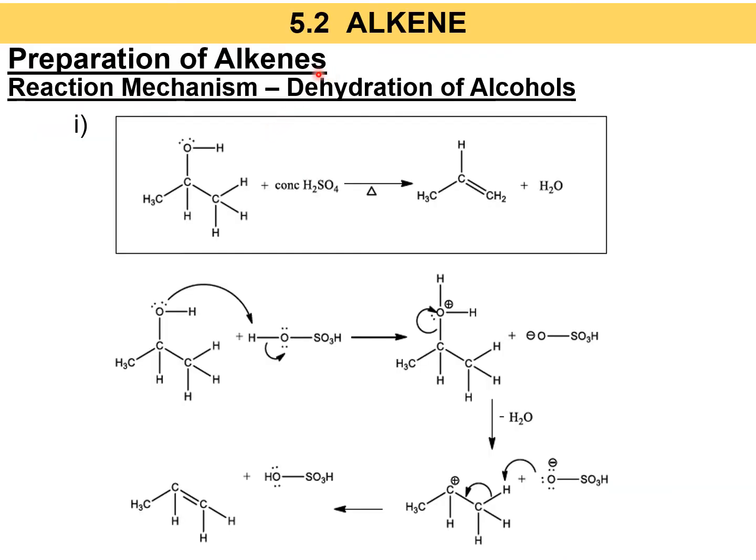Okay, so ada dua cara nak prepare alkenes. Yang pertama, dehydration of alcohols, which we are currently learning right now. Yang kedua ialah dehydrohalogenation of haloalkane. But mechanism in preparation of alkenes yang you kena study is only about mechanism in dehydration of alcohols. Okay, so you kena remember dehydration of alcohols ni you have to follow the Saytzeff's rule. Saytzeff rule ni cakap apa?